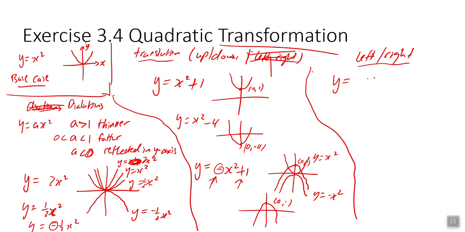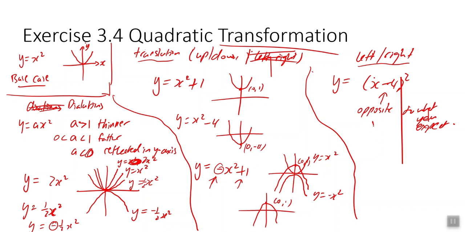What I mean by that is if I have (x minus 4) squared, remember how I said that if it's in a bracket, it's opposite to what you expect.